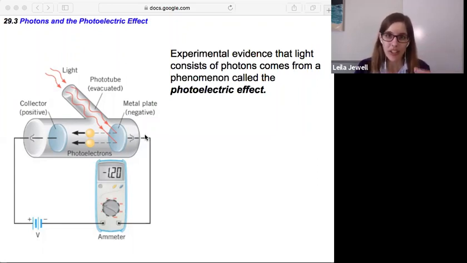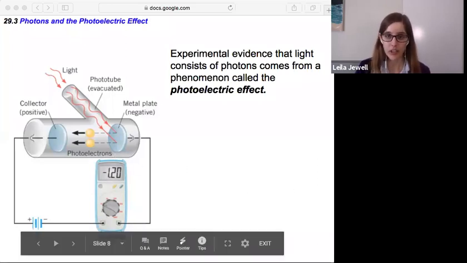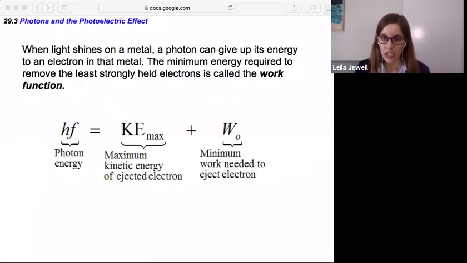So there's something about the energy of those individual photons that are able to kick off the electrons. And these electrons, since they're generated by photons, are called photoelectrons, which is why we call this the photoelectric effect. So what was observed experimentally here is that when light shines on metal, a photon can give up its energy to an electron within that metal.